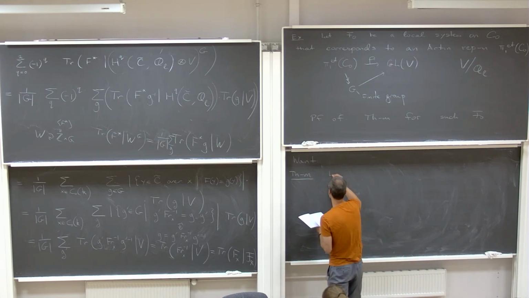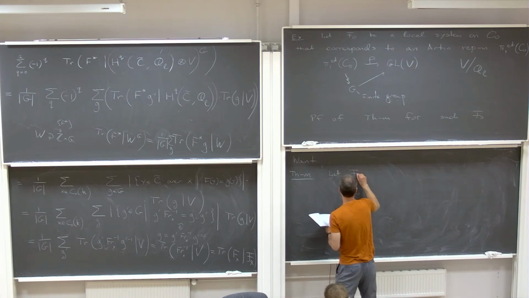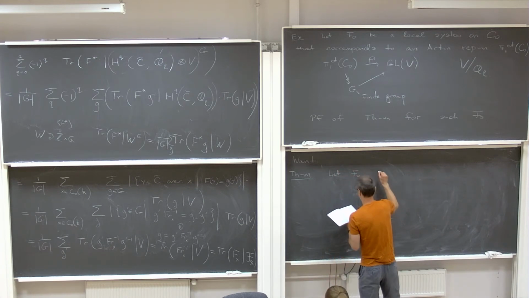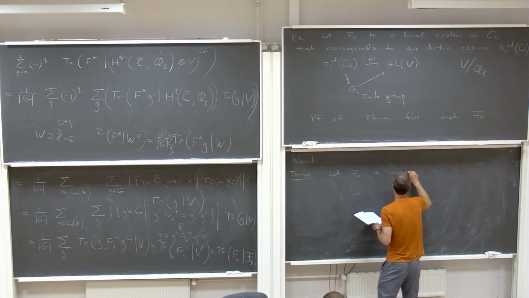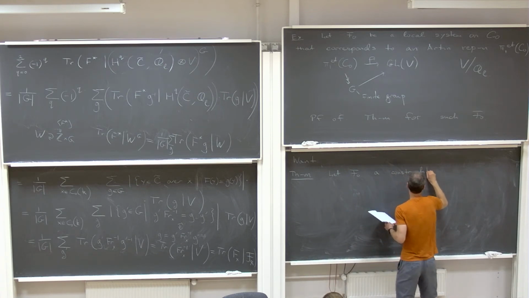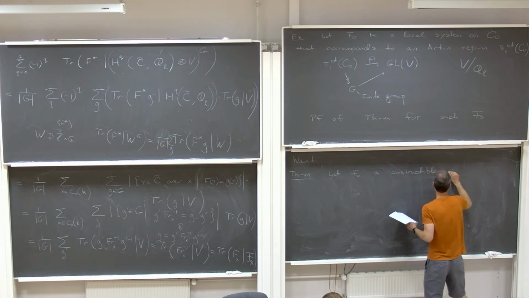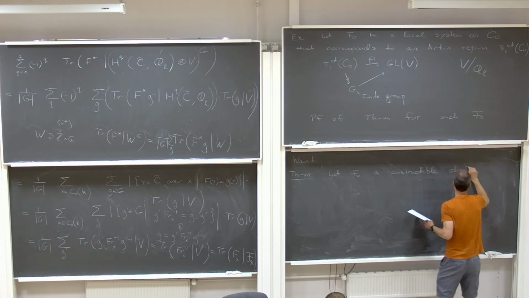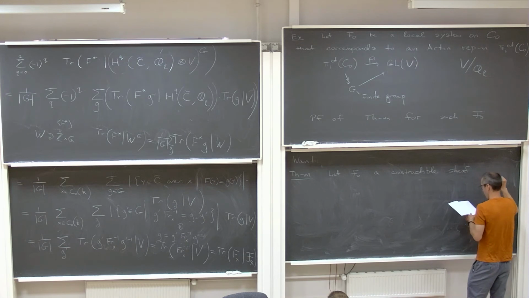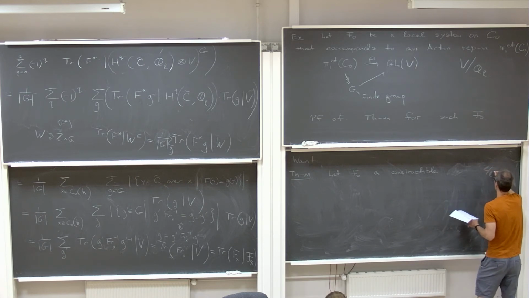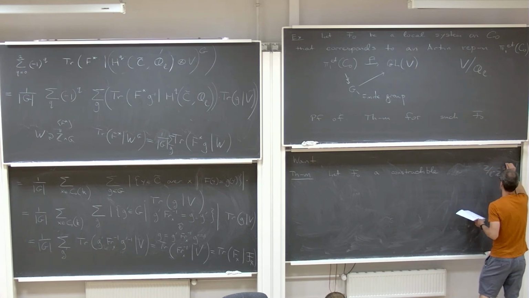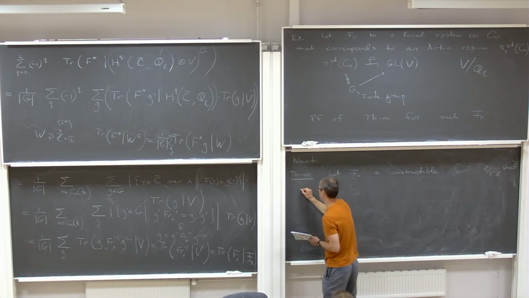So let F0 be now a constructible Z mod L^n Z sheaf on C0.